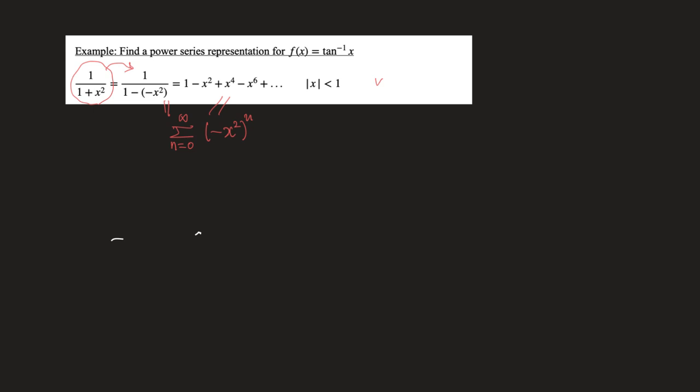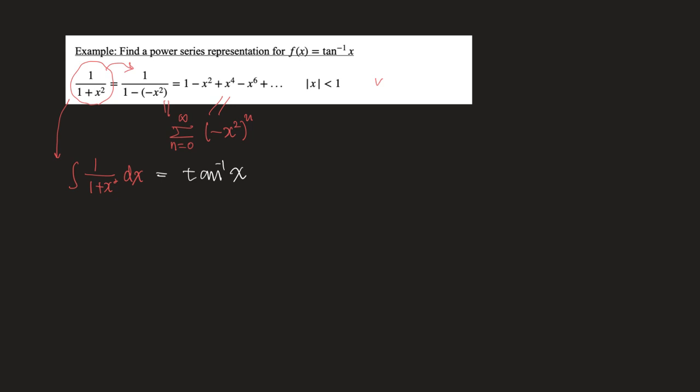Now we find arctangent. You get the idea of how to find the power series for arctangent. We take the integral of 1 over 1 plus x squared, which is arctangent x, plus c.